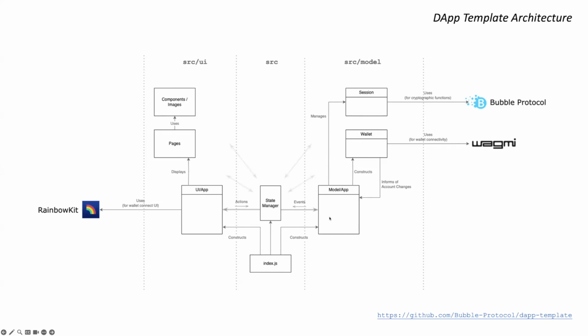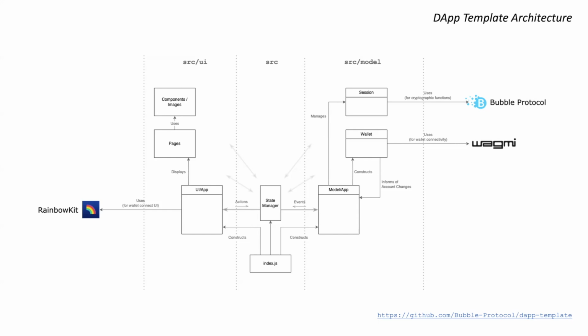On the right, we have our model. Now, the model is where all the interesting stuff happens. And part of the model is we have a wallet class. That wallet encapsulates all the interactions with our wallet, allowing us to deploy contracts, for example. And that uses WAGMI. And then each time the user logs in with a wallet, when they select an account in their wallet, the app creates a session for that account.